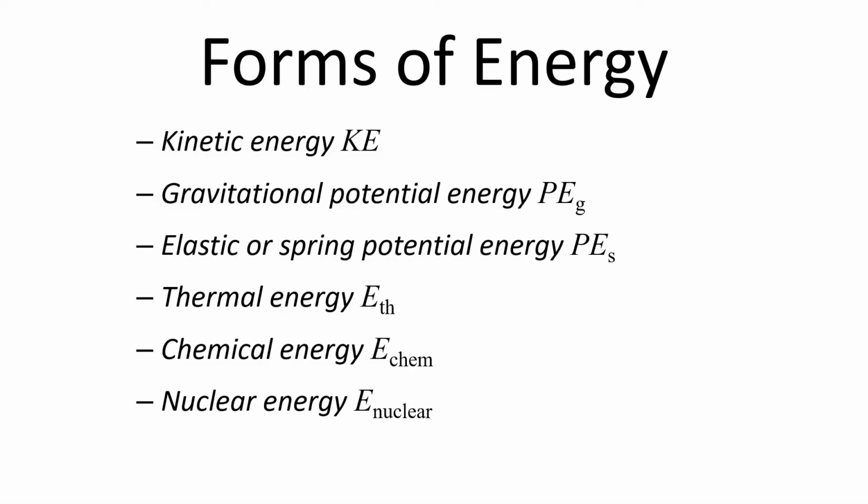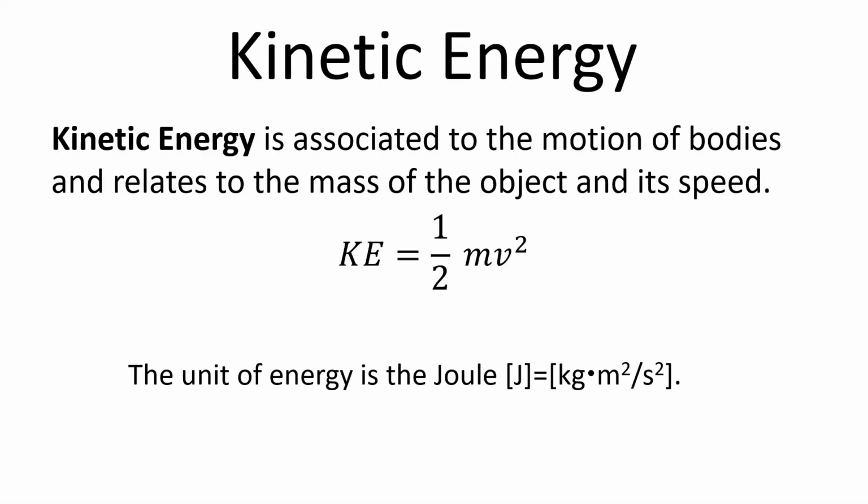We can as well have elastic or spring potential energy stored as tension in those objects, thermal energy, which is related to heat, chemical energy, which is in the chemical bonds of molecules, and nuclear energy, which is inside the nucleus of the atom. For the moment, we will consider only kinetic energy.